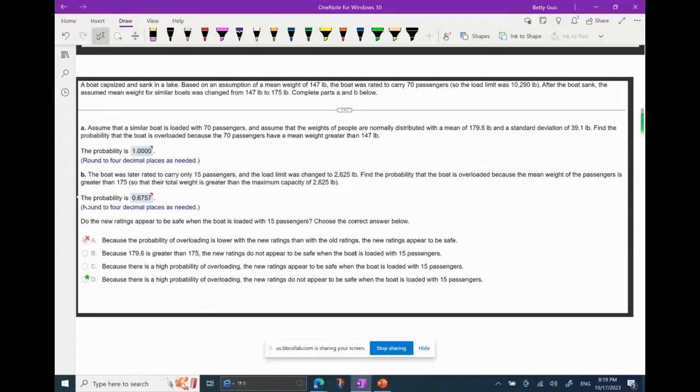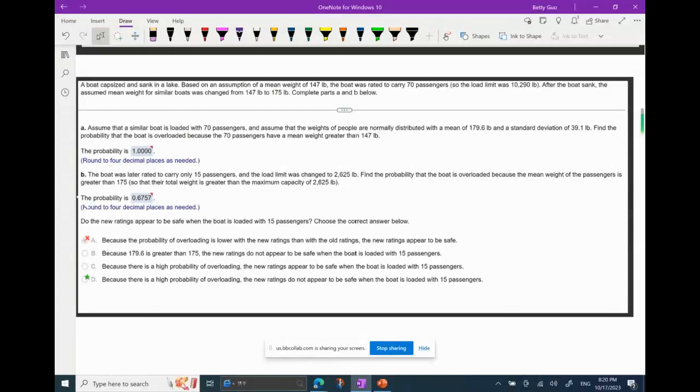After the boat sank, the assumed mean weight for similar boats was changed from 147 to 175. I don't understand that. After the boat sank, they changed the average assumption bigger. Complete parts A through B.